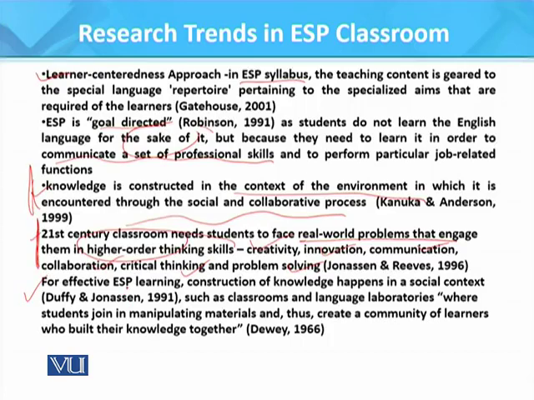For effective ESP learning, construction of knowledge happens in a social context. So in all these points, a number of researchers have conducted studies and highlighted that for ESP, we need to provide higher order thinking skills, and those thinking skills with regard to the social context. Students join in manipulating materials and thus create a community of learners who build their own knowledge together.